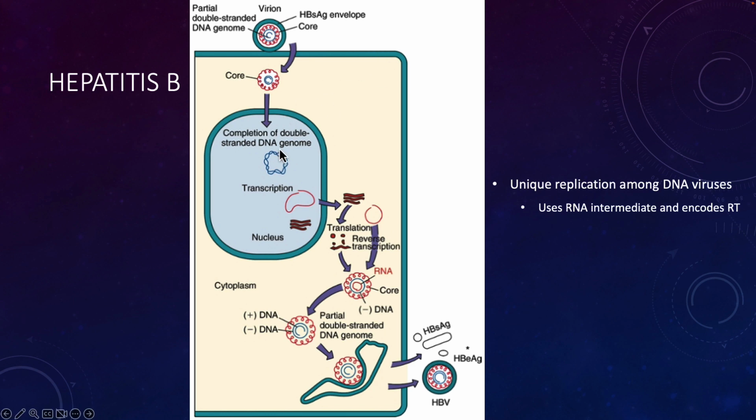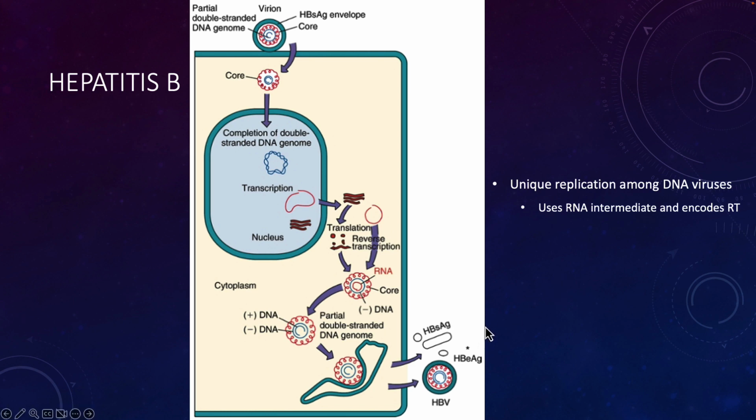So instead of replicating its DNA in the nucleus, it reverse transcribes the transcript it exported and uses that as a template for the DNA synthesis. So that's kind of weird, but also kind of cool, and provides potential targets for therapies.